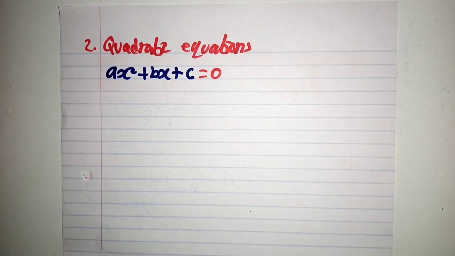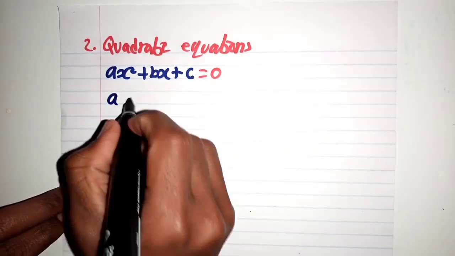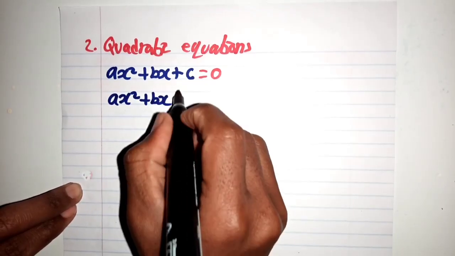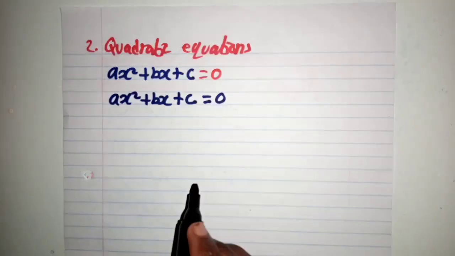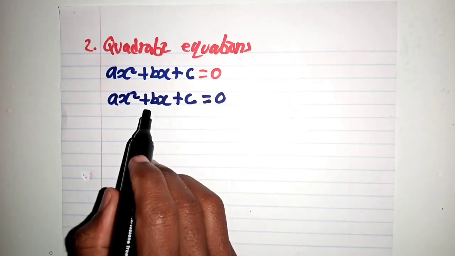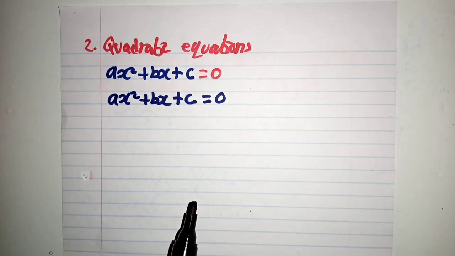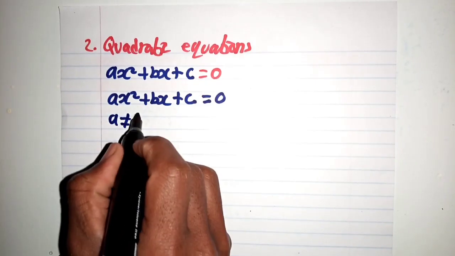In other words, the standard formula of writing a quadratic equation is ax squared plus bx plus c is equals to 0, where a, b, and c are numbers, known values, and a should not be equal to 0.